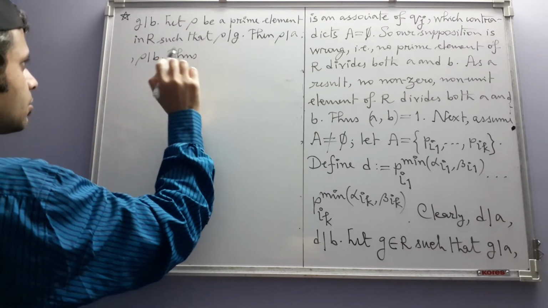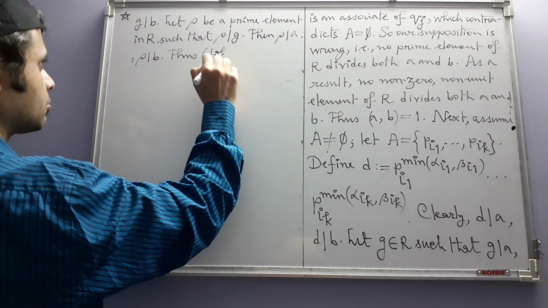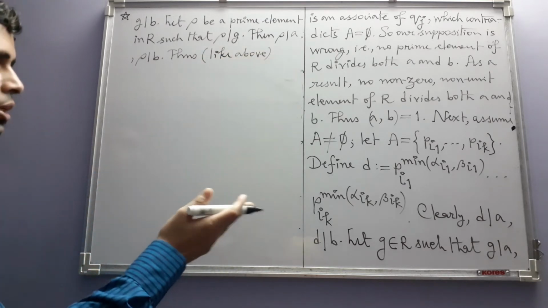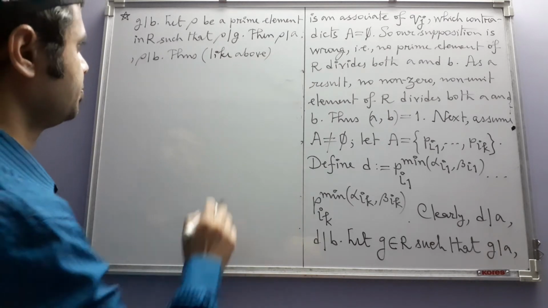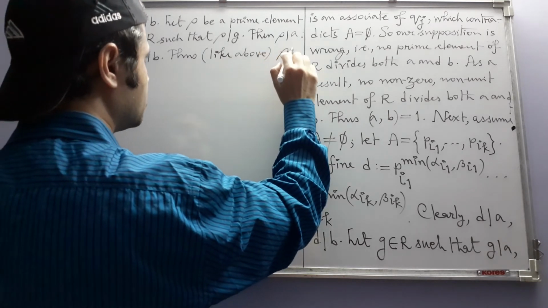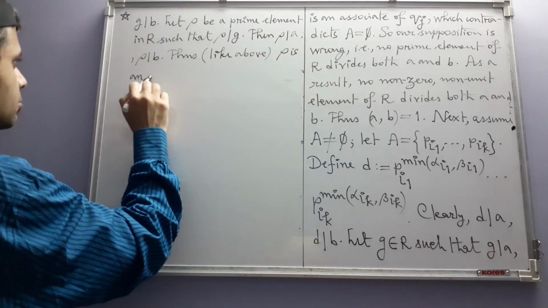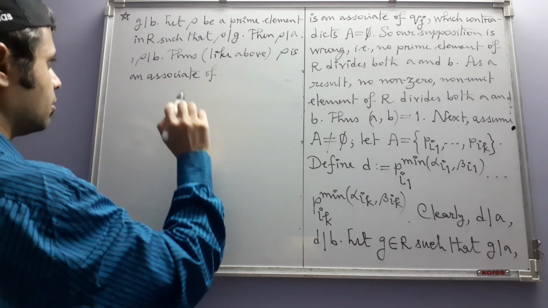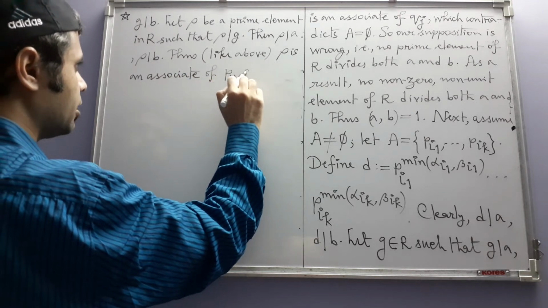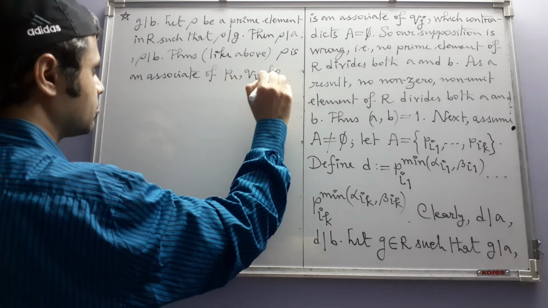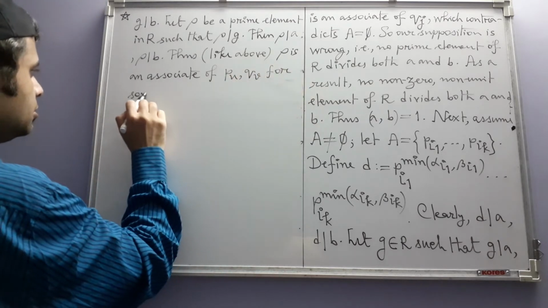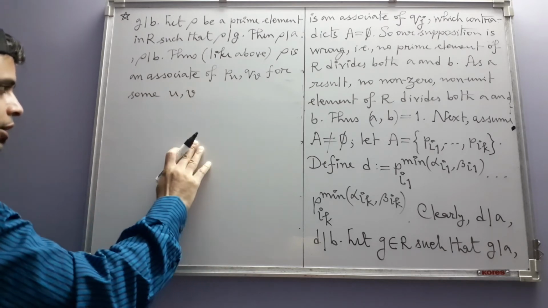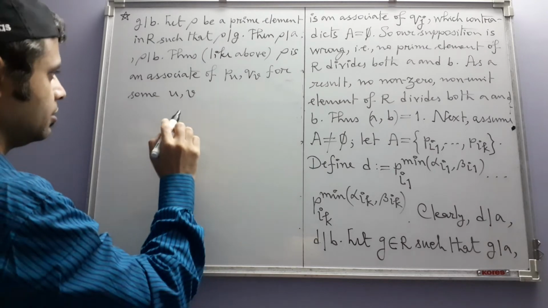Thus, like how we concluded the thing with pi, rho is an associate of, say, Pu and Qv for some indices U and V, whose variation you know. U varies from 1 to m, V varies from 1 to n.